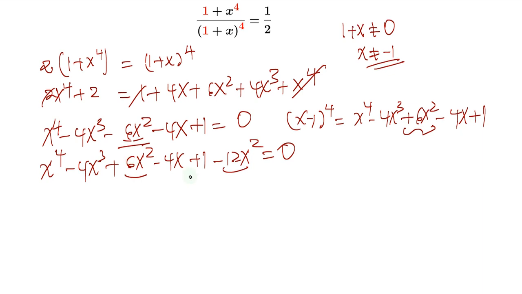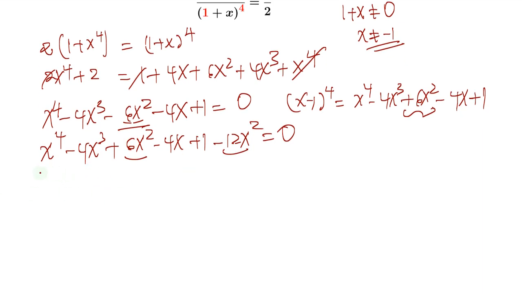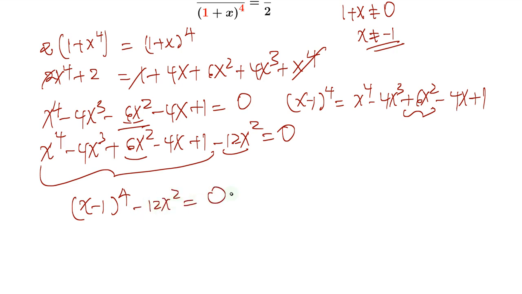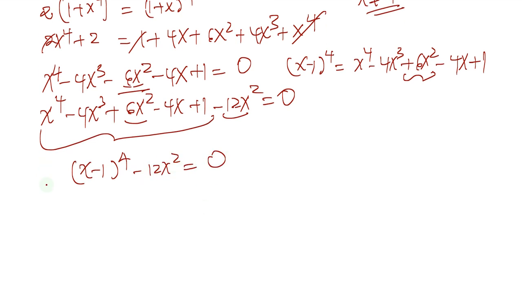This means that this whole thing here is just (x minus 1) to the power of 4 minus 12x squared equals 0. So I can rewrite this as ((x minus 1) to the power of 2) all to the power of 2, and this one I can write as the square root of 12x squared, equals 0.